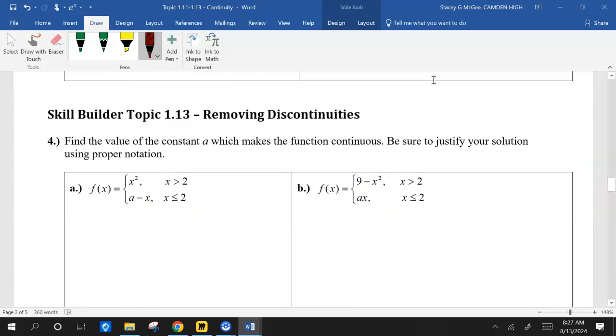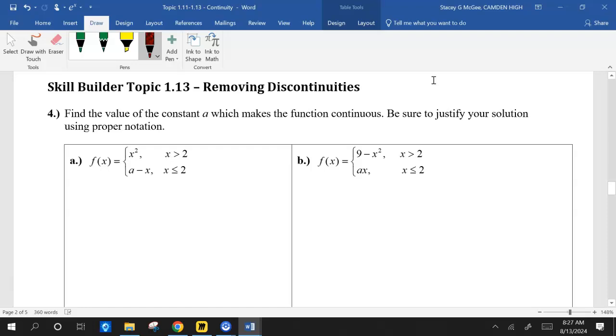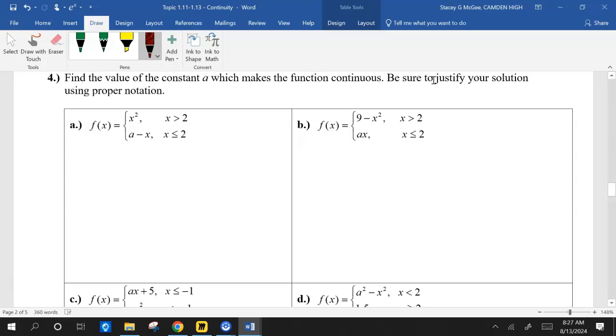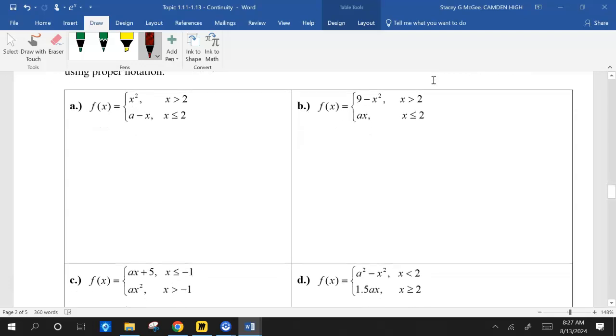All right, picking up the pace here just a little bit. How about 1.3, removing discontinuities? A and C is what you had. So again, I'm plugging in. If this is continuous, then 2 squared better equal A minus 2, right? What do I need to use for A to make that happen?